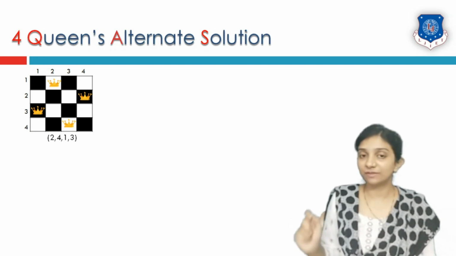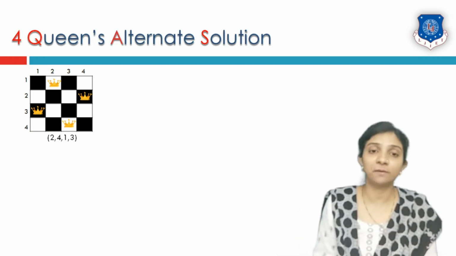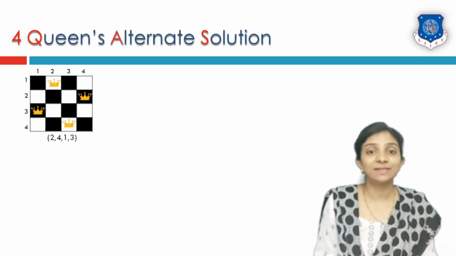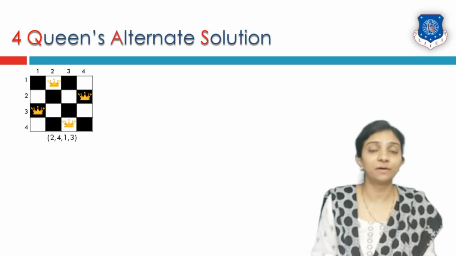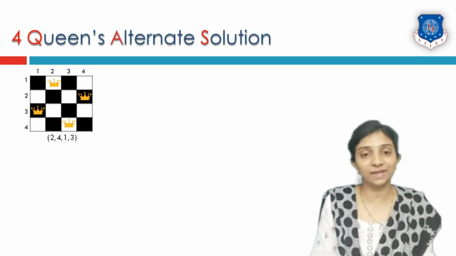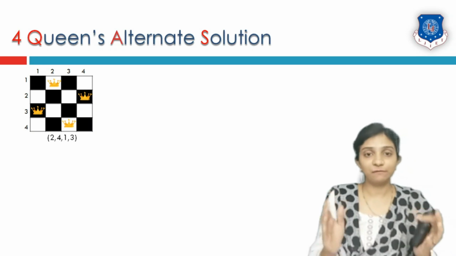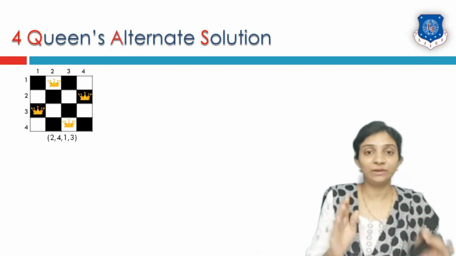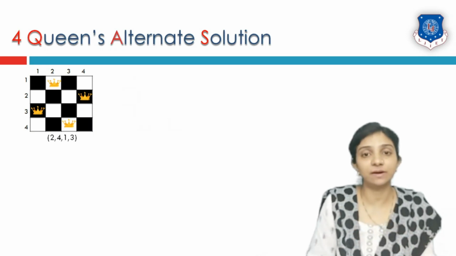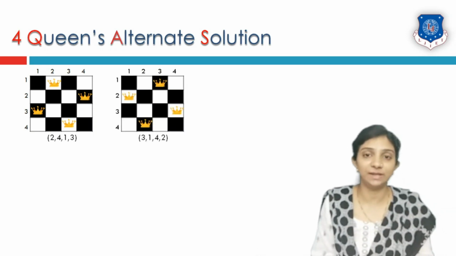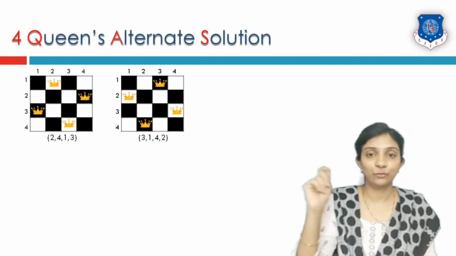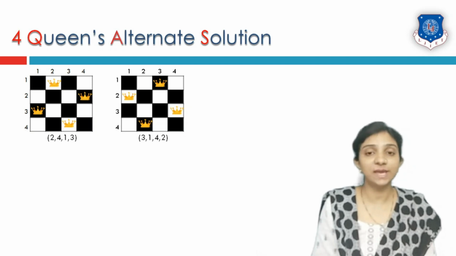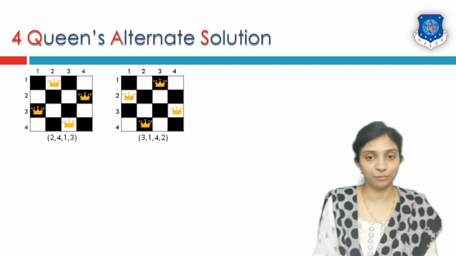Now is this the only one solution of the 4 queens problem? Or are there any alternate solutions that do exist for any queens problem or n queens problem? Now, if you look at this chessboard, this is a square chessboard. If I am going to flip it, I will get another position of the queens, that is 3, 1, 4 and 2. So this is another solution of the given problem.